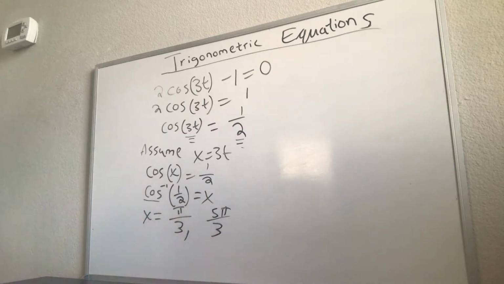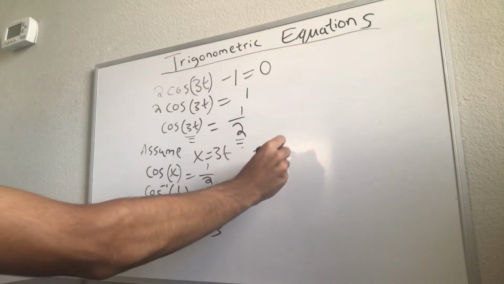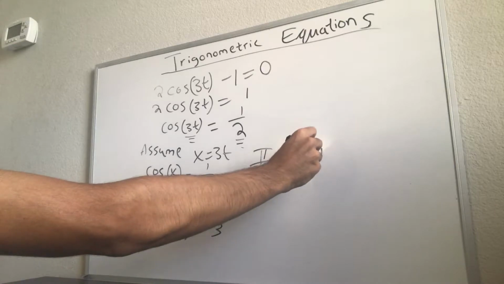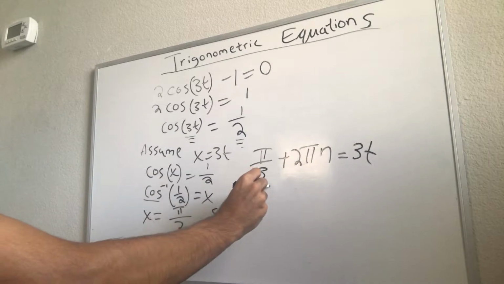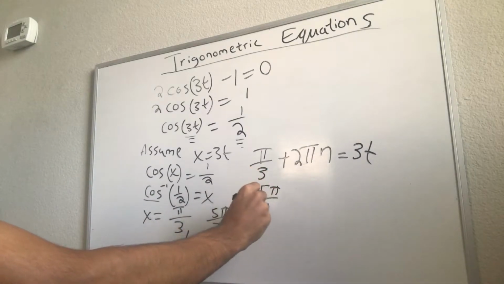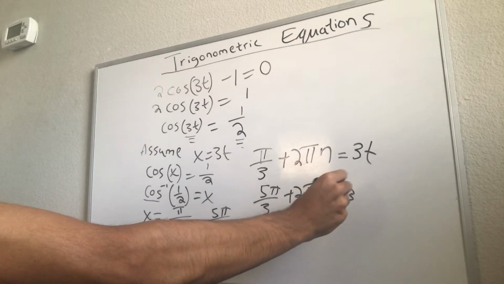Now what's important is that, because you're really determining what t is in this case, you have to understand that the unit circle is really a circle that revolves, and so you have an infinite number of angles. So when we want to solve for t, what we're really going to do is say pi over 3 plus 2 pi n should give us 3t, and 5 pi over 3 plus 2 pi n should give us 3t.